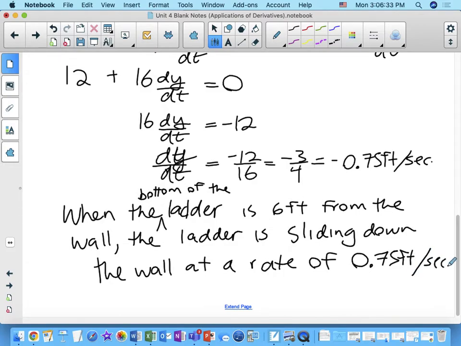And because in my description I have said it's sliding down, I can just use the magnitude 0.75, right? And in fact, it would be incorrect to say it's sliding down at a rate of negative 0.75, because then you're almost putting in double negatives.